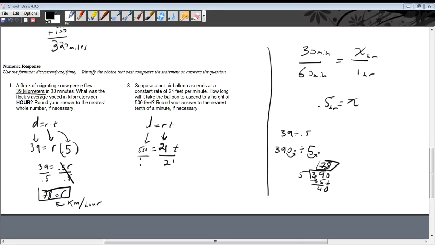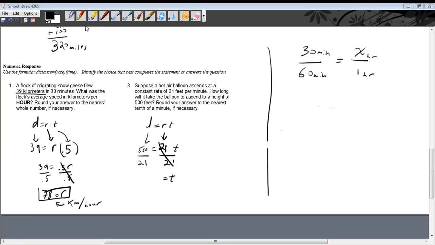Divide both sides by 21 to isolate, and t is going to be equal to 500 divided by 21. Let me make some space for myself. Okay, we've got 500 divided by 21.